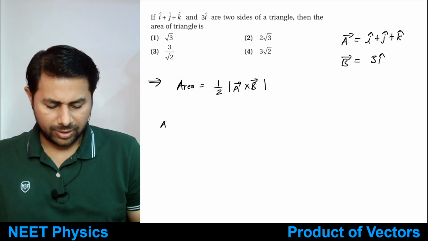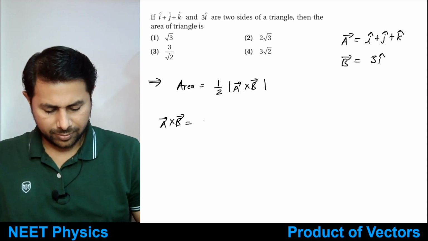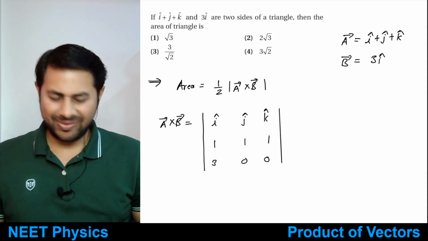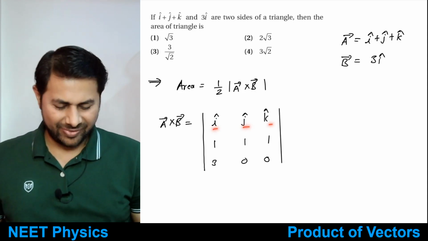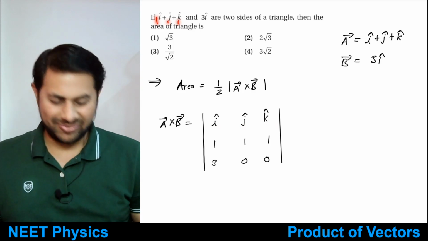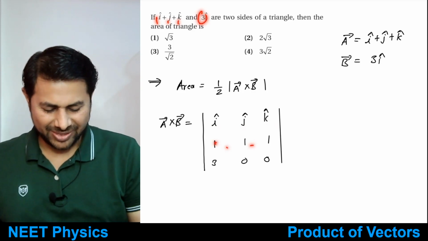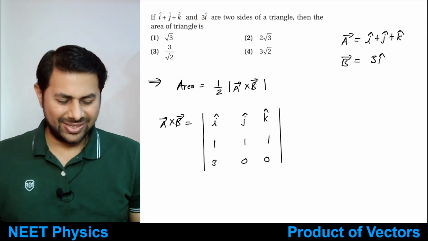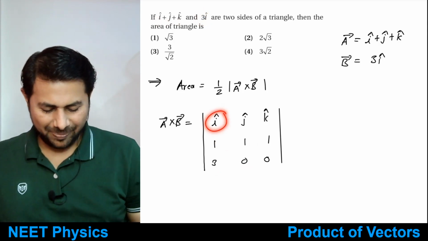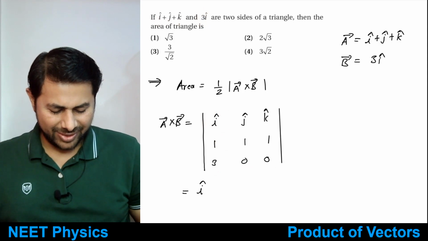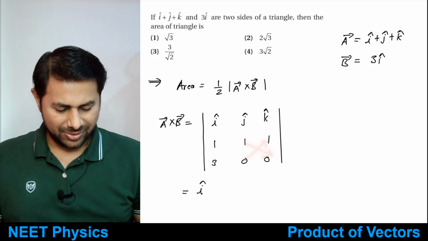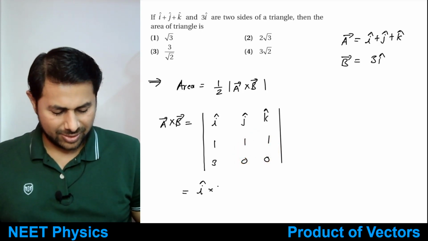So first of all, find a bar cross b bar. That is the determinant with I cap j cap k cap, then the components of a bar, 1 1 1, and components of b bar, 3 0 0. Then I cap multiplied with this times this is 0, this times this is 0, so this is 0.